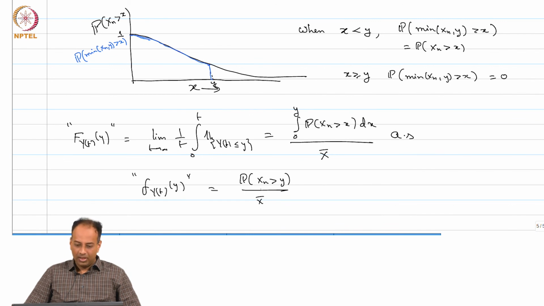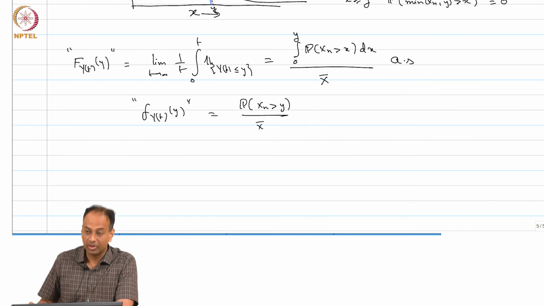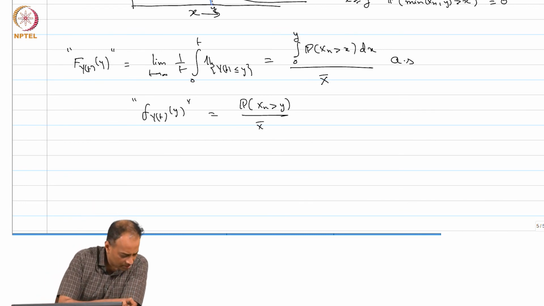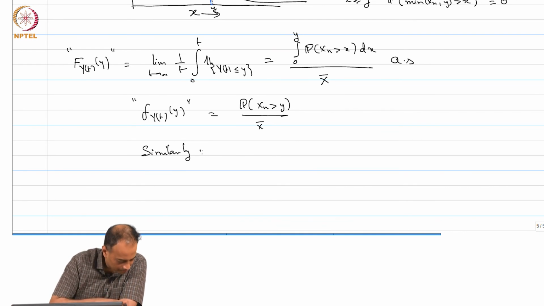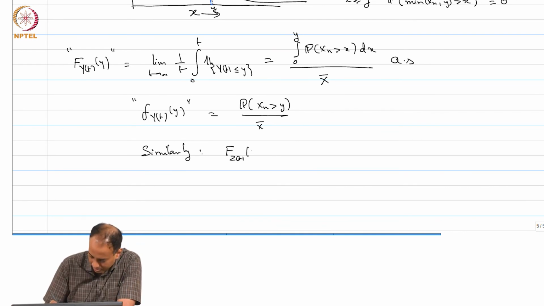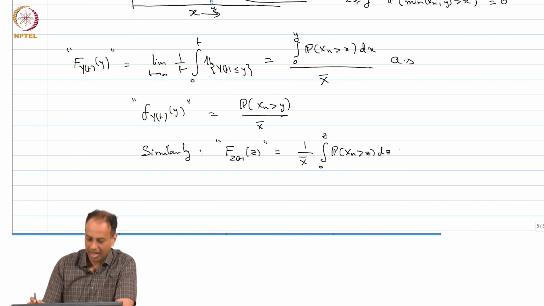So, we have the distribution of residual time. Likewise, a similar calculation shows for the age the same sort of answer you will get, same argument.